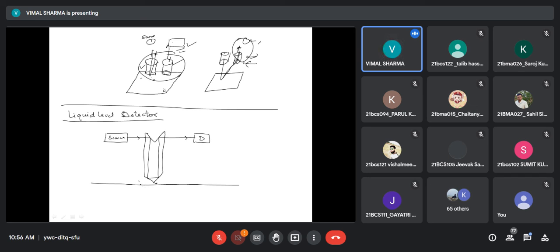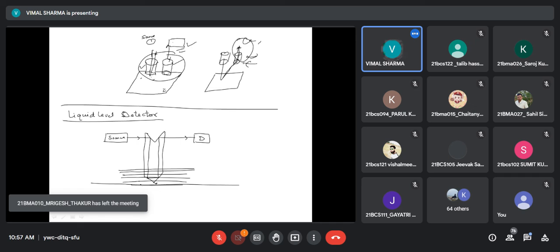But if the level of liquid rises in the vessel and goes to this level, then the interface is no longer core-air, it is core-liquid. The refractive index of this liquid should be more than the refractive index of the optical fiber.